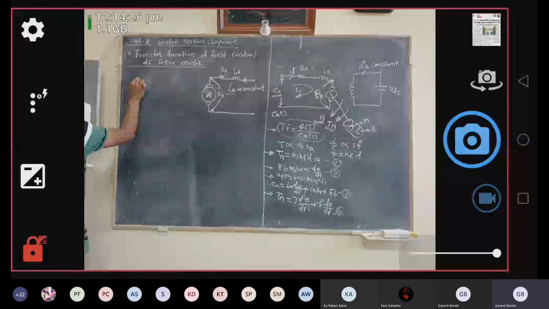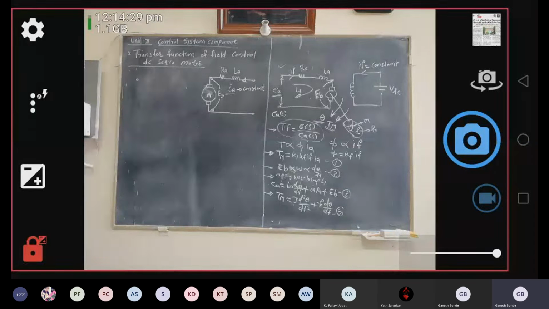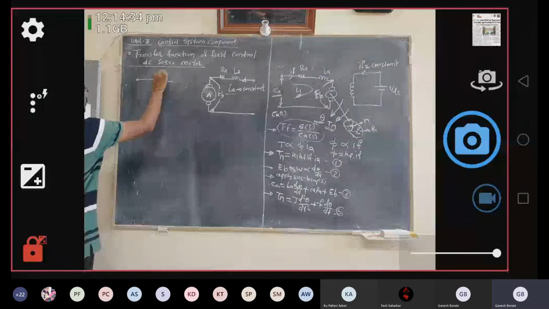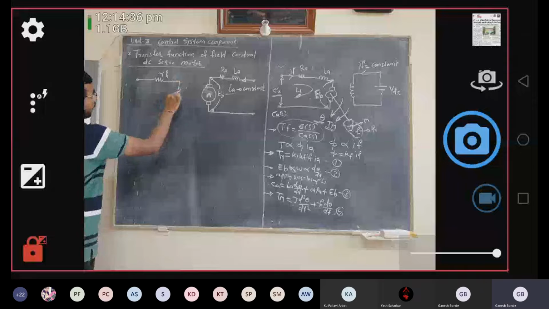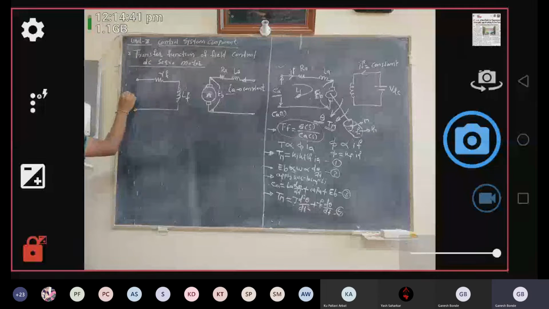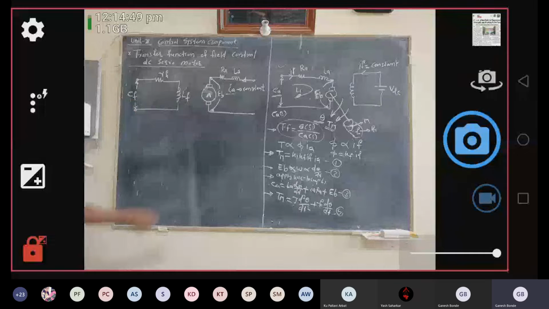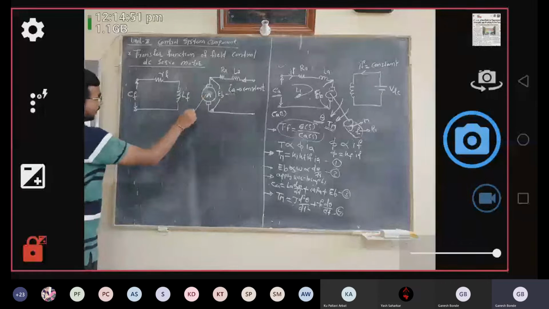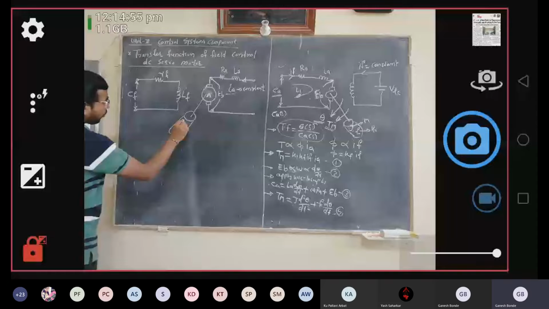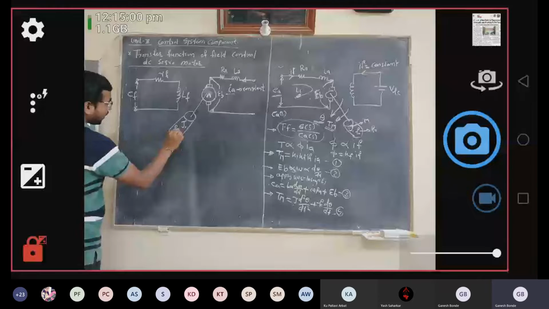Now draw the electrical equivalent of the field circuit. The field winding has its own resistance RF and field winding inductance LF. Let's say the input applied to the field winding is EF. Then this armature has its own moment of inertia J and frictional force F0.